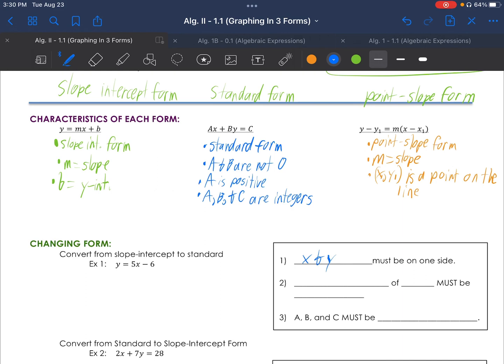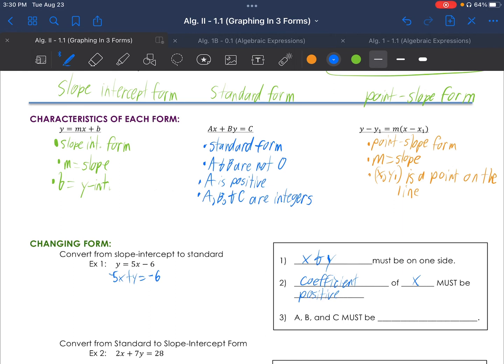So let's do that by subtracting 5x from each side. So you have negative 5x plus y equals negative 6. All right, step 1's done. They are on the same side. Step 2, the coefficient of x, aka a for the ax, must be positive.